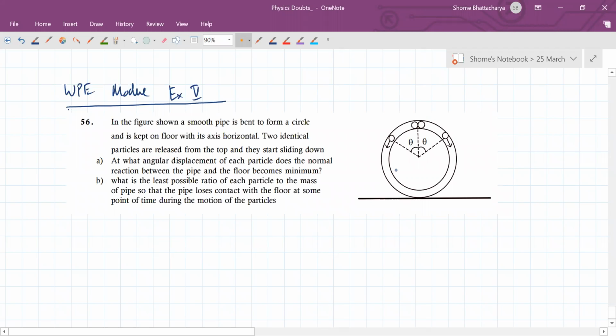So use work power energy to find the tangential speed as a function of theta, and then make the free body diagram of the spherical bodies to find the contact force between them and the circular pipe, and then make the pipe free body diagram to find the contact force between the pipe and the ground.